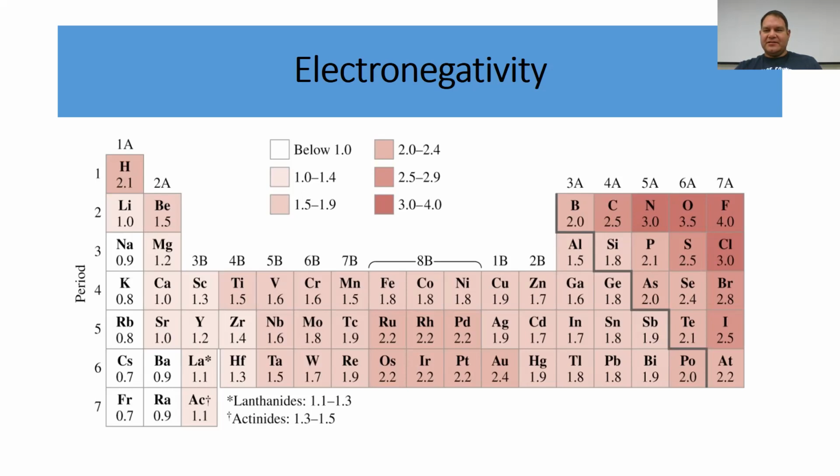And if an element wins that match, there's going to be an unequal sharing of electrons. And that unequal sharing of electrons will lead to what we call a polar bond. Now, if there's an equal sharing of electrons, then it leads to a non-polar covalent bond, right?